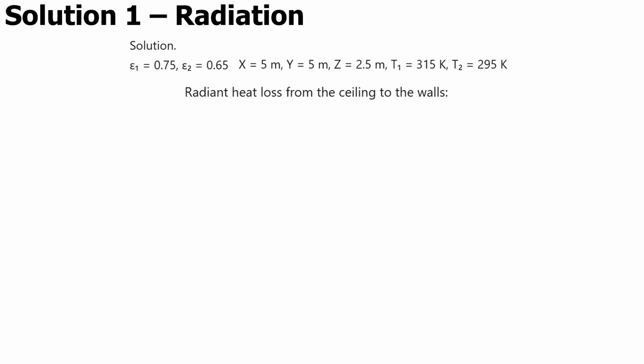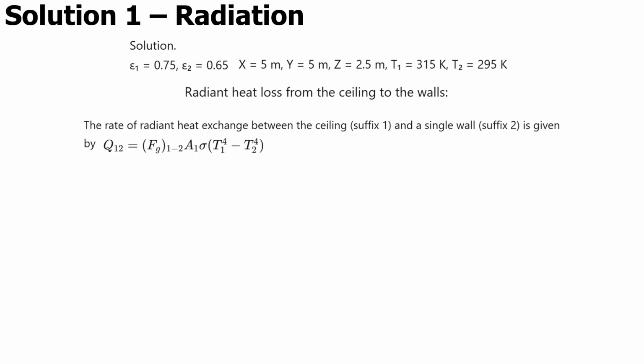Now, the rate of radiant heat exchange between two surfaces, in this case the ceiling, which we'll denote with suffix 1, and the single wall, denoted as suffix 2, is given by the equation that is displayed on the screen.